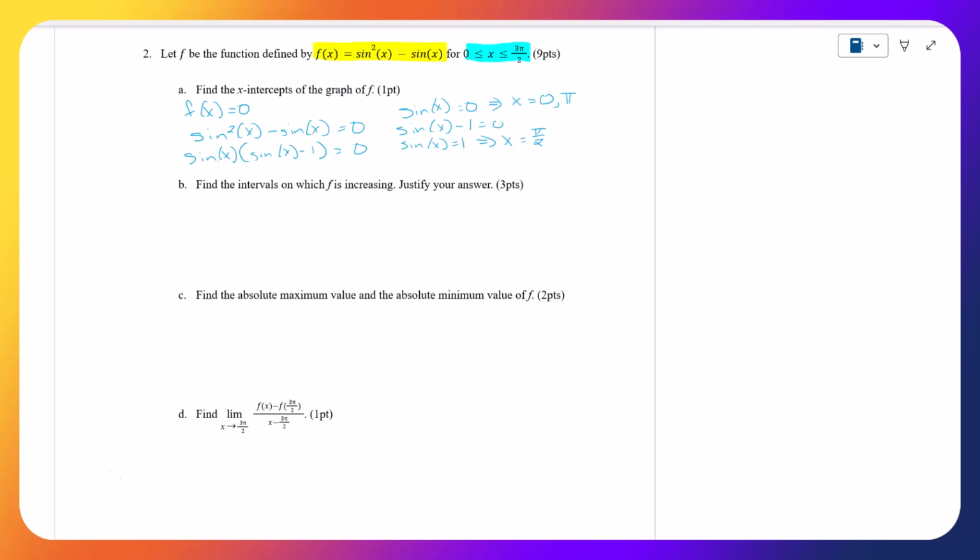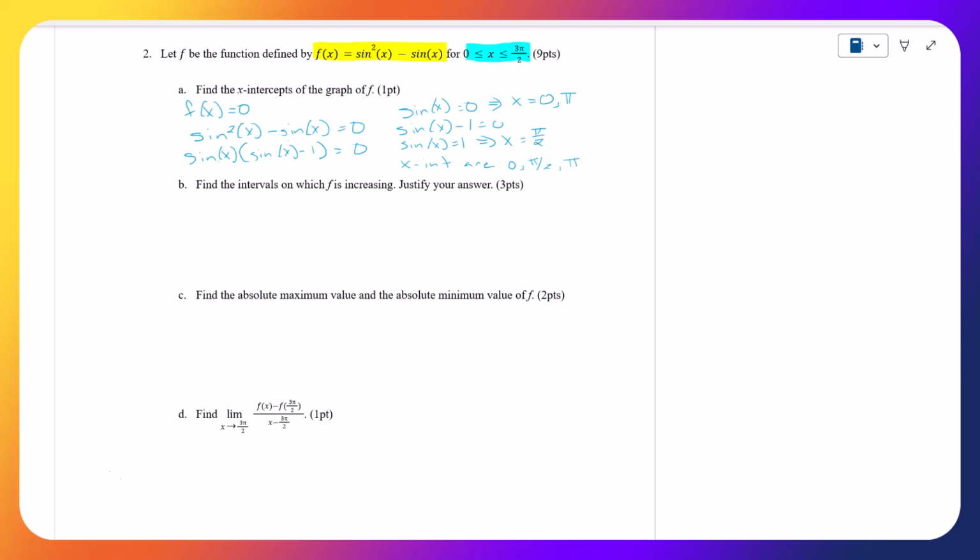So our x-intercepts are 0, pi over 2, and pi. I put them in order, least to greatest, though the order doesn't matter. Okay, one part down. That was worth 1 point because this really wasn't that intense of a question.